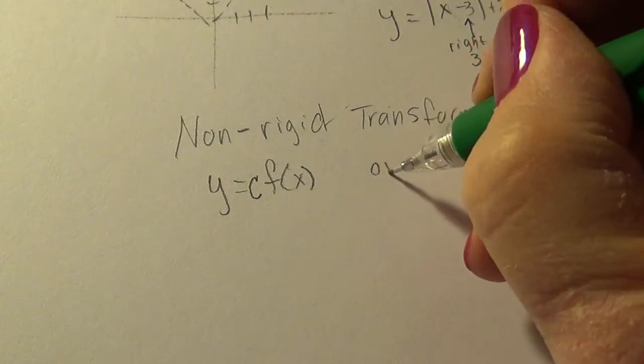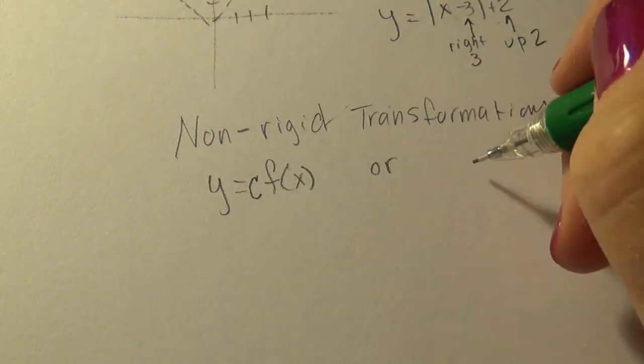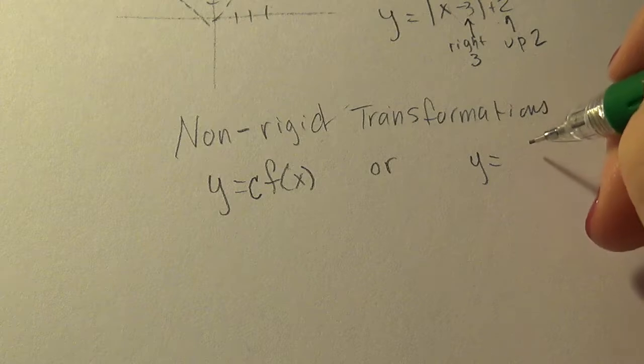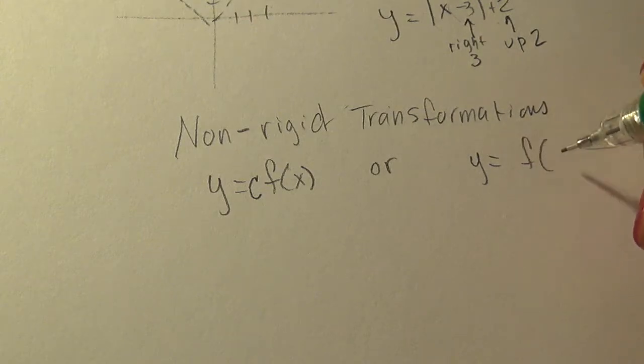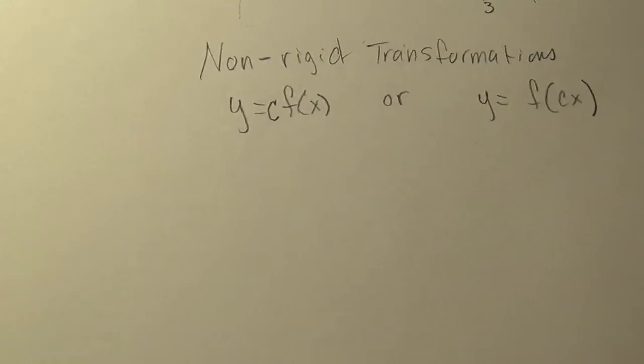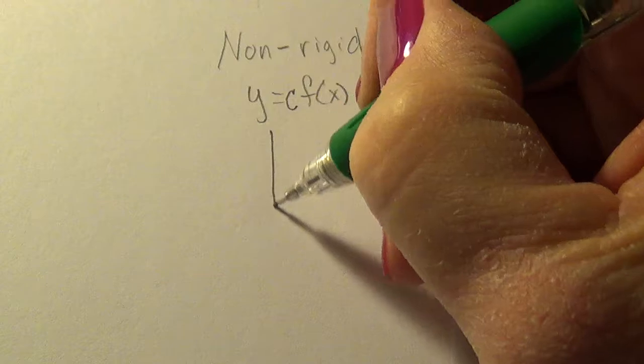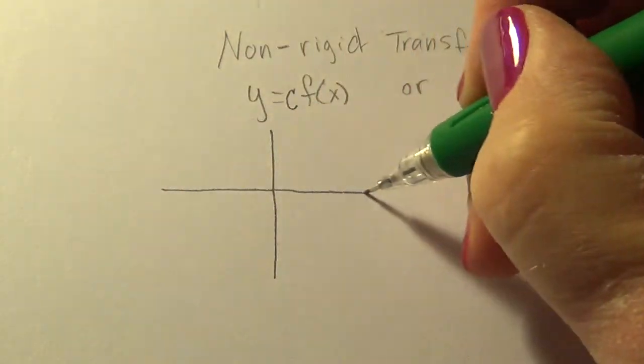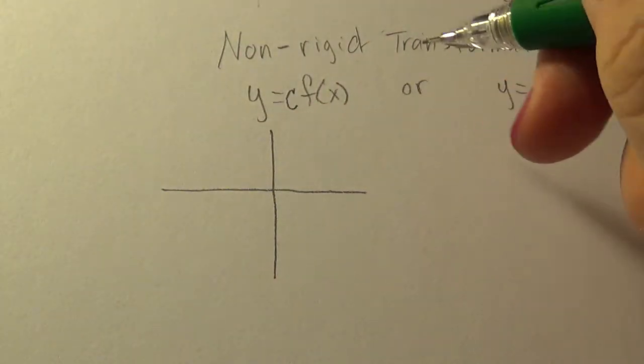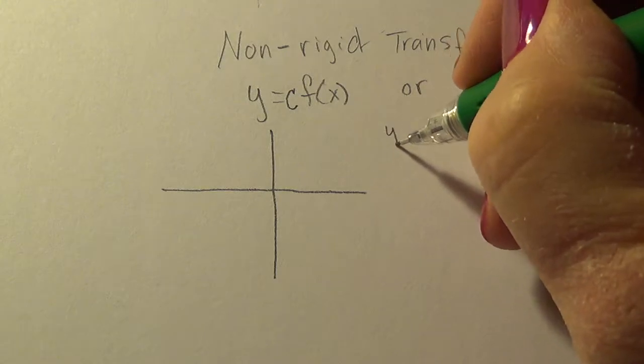And another example of a non-rigid transformation is when a constant is multiplied inside of the function. So we'll go over both of these in regards to the absolute value, and I'm trusting you will be able to do any parent function after this example.